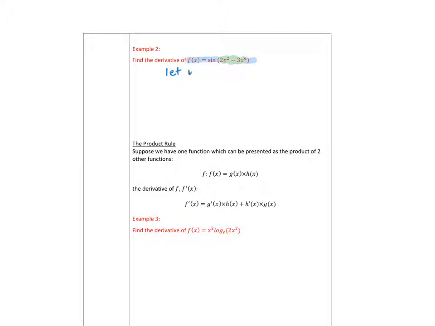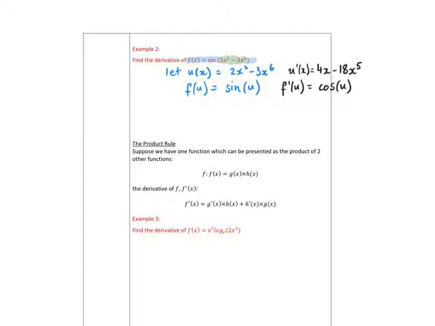Let's let u of x be equal to 2x squared minus 3x to the 6, so that we know f of u is equal to sine u. Now we can differentiate each of these. We know that u dash of x, the derivative of u, is equal to 4x minus 18x to the 5. We know that f dash of u is equal to cos u, being the derivative of sine u.